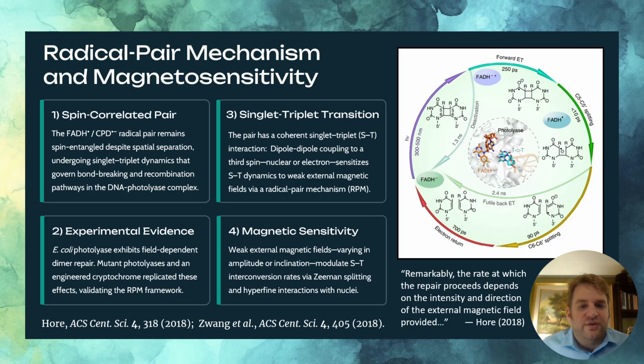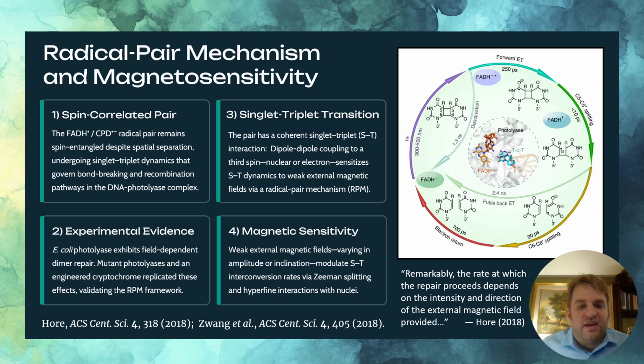Now, this can undergo singlet triplet interactions, dipole-dipole coupling to a third spin in the system. Every electron or some nuclei have spin. Will sensitize the quantum mechanical singlet and triplet states so that singlet triplet dynamics are sensitive to the presence of a weak external magnetic field.